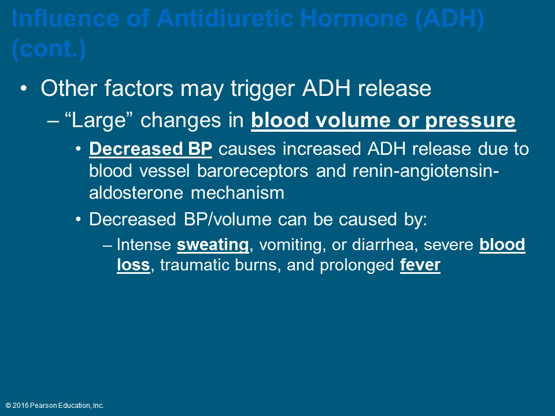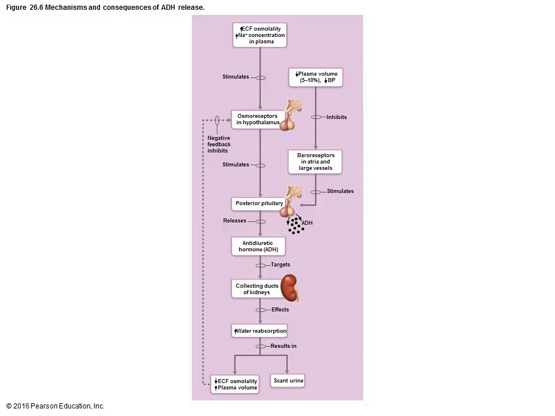So if it's decreasing, you need to increase it to keep it at that constant level. How do you increase it? Put water in there. How do you get water in the blood? Take it from the kidneys. So the antidiuretic says, don't put the water in the production of urine, put it back in the blood. And this is showing an example of what will happen when the ADH is released.